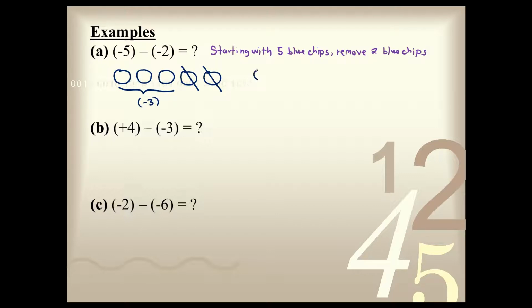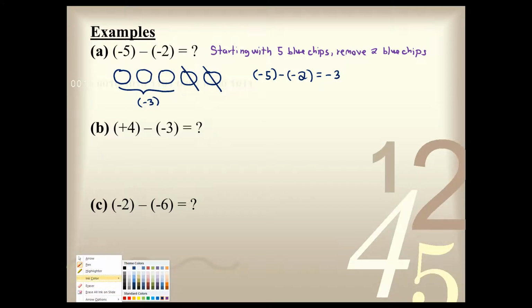Therefore, -5 subtract -2 is equal to -3. So in this example, I didn't need to deal with the zero pairs because I actually had chips that I was able to remove. Now let's go to B, where this is not going to be the case.